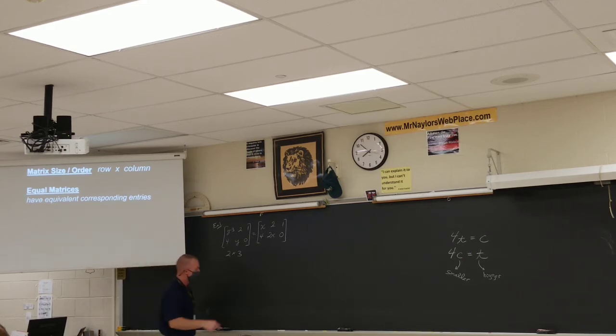If these matrices are going to be equal, then the entry that's in the first row, first column has to equal the entry in the first row, first column. So real simple statement, y minus 3 has to equal x.